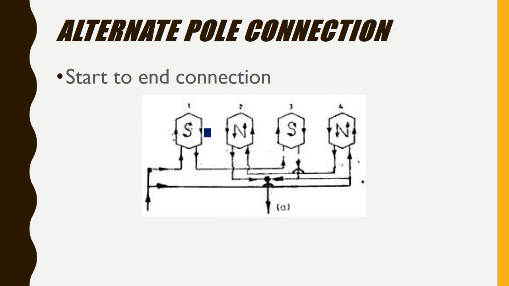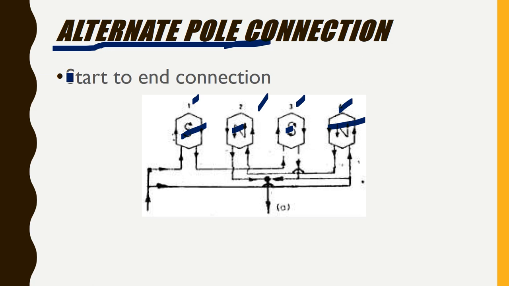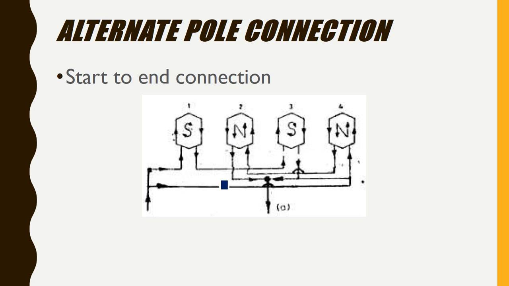So we are having four coils making four poles by which connection? Alternate pole connection. So this is known as start to end connection. Now these are connected in parallel, we can say.